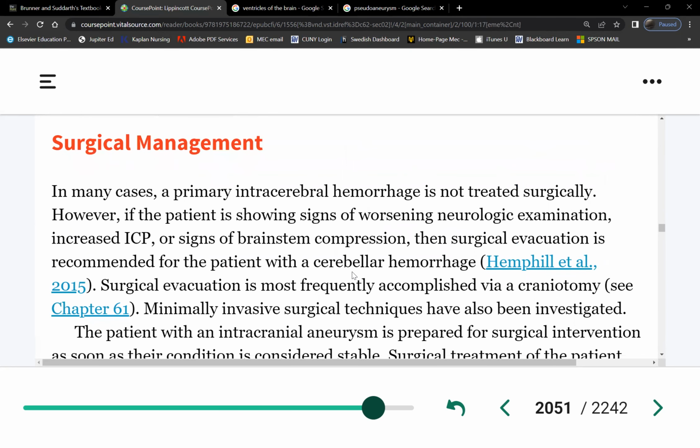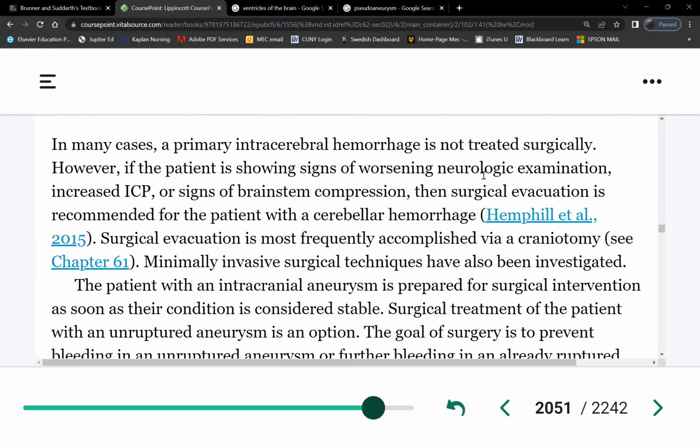And this is the life-saving intervention. The patient will undergo surgery. Whatever we cover in this section will be similar when we get to head injury in a little bit. If the patient is actively bleeding on the CAT scan, of course, we need emergency craniotomy in order to stop the bleeding, clip the bleeding arteries, cauterize them, and then evacuate the hematoma.